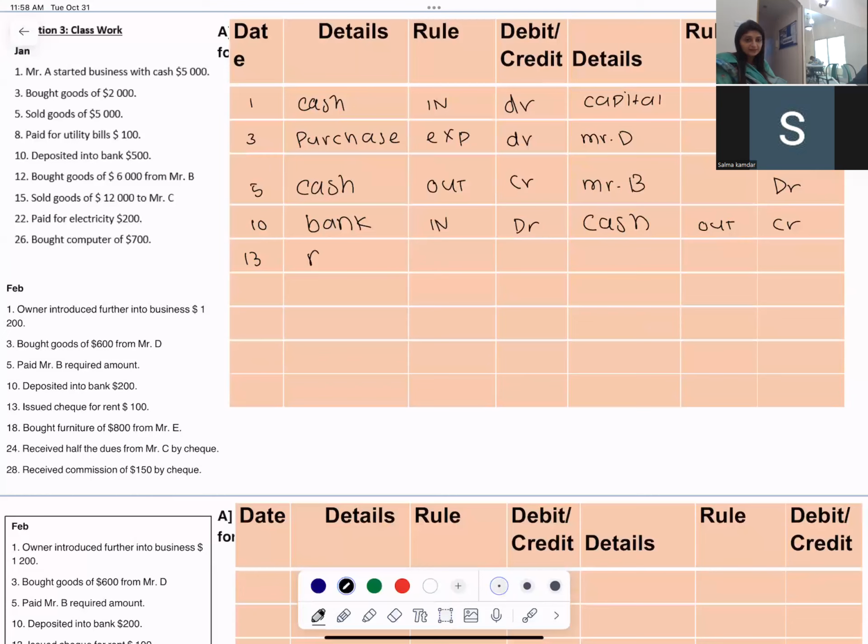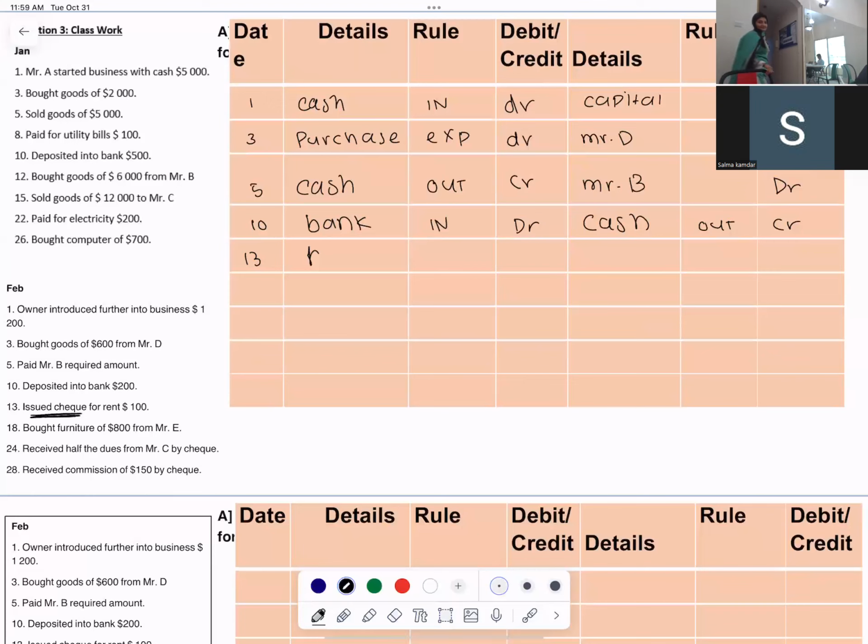Underline the word: issued what? If the word check is there, which account do you use? The account you will use is bank, right?